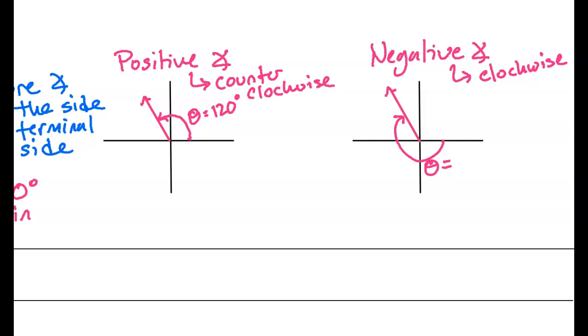Yes, exactly. We know all the way around all four of our quadrants is 360 degrees because they form a circle. So we do 360 minus 120, we get 240. However, because we're going clockwise, this is actually a negative angle. So it's negative 240 degrees.